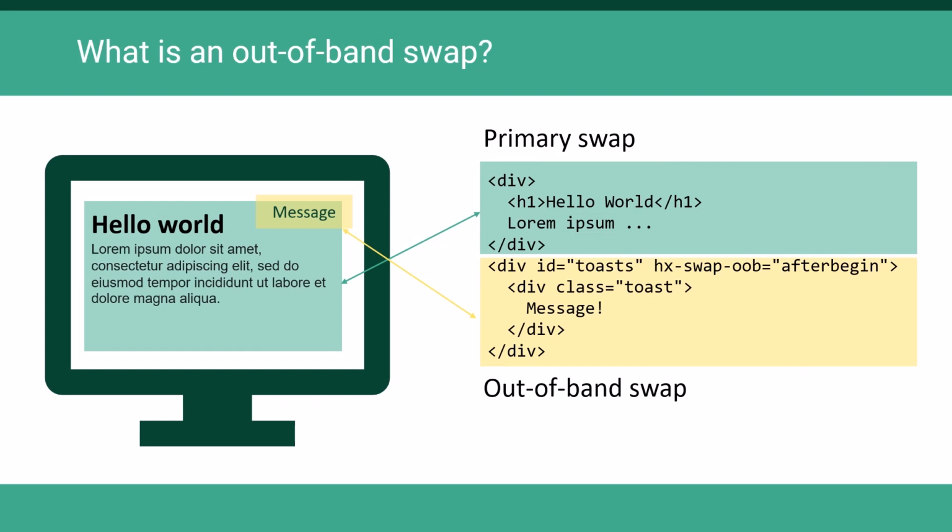The primary swap targets the element designated by the hx-target attribute, or the element that triggered the request if hx-target is not set. The out-of-band swap includes all the elements with the hx-swap-oob attribute and targets the element with the same ID. Let's open the code from the previous video and see how we can upgrade it to use out-of-band swaps.